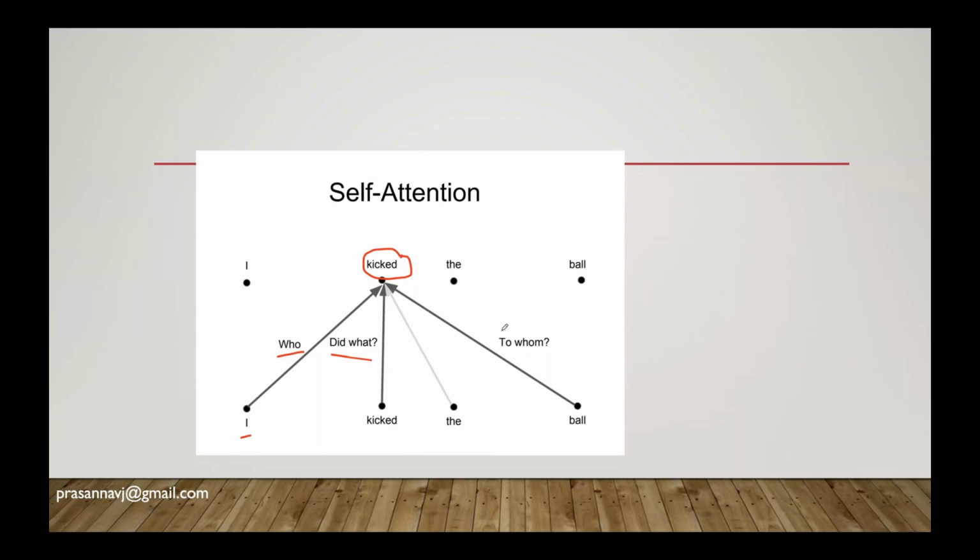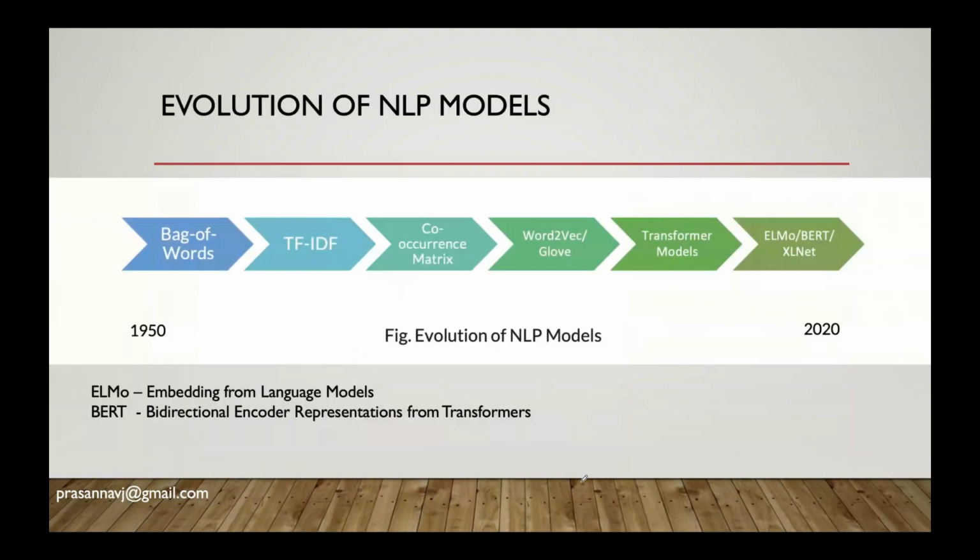It is a ball that he kicked. All this information is coded as an encoding as part of the attention vector that is getting created. I hope it is clear how self attention works. You understand that self attention, the feed forward, and the new encoder decoder architecture help build the transformer for NLP activities.